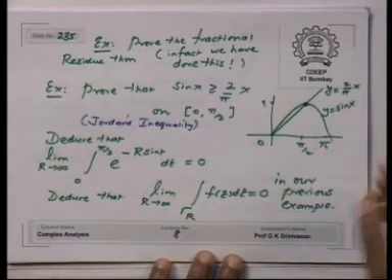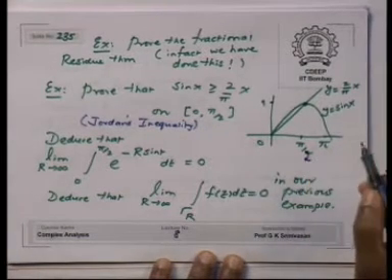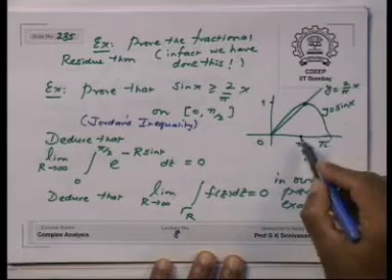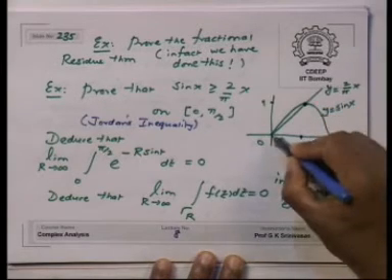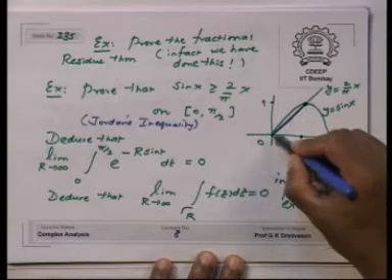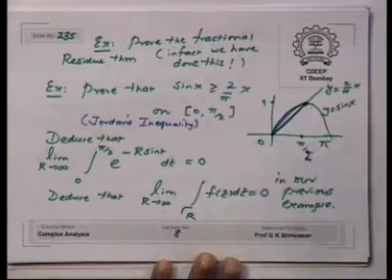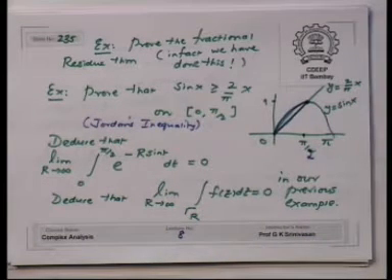This is your point pi by 2, and at pi by 2 look at this chord. This chord is going to be below the arc y equal to sin x, correct. The chord joining 2 points will lie below the graph between these 2 points.